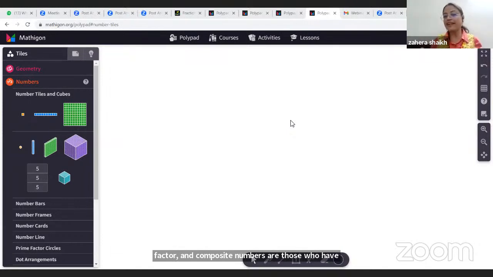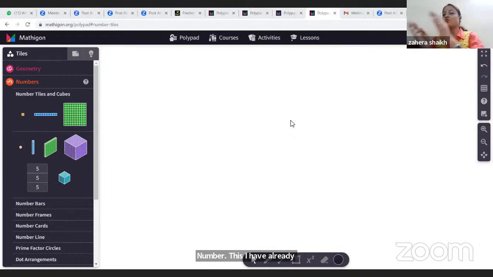We have explained this in the classroom. If I write a table of 5, 5 ones are 5, so 5 comes only in its own table. But if I tell you 10, it can be found in the table of 5, table of 2, table of 10. So this is a composite number. This I have already explained.